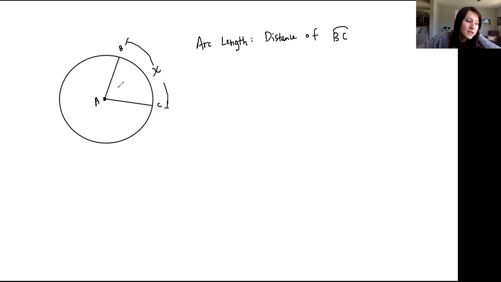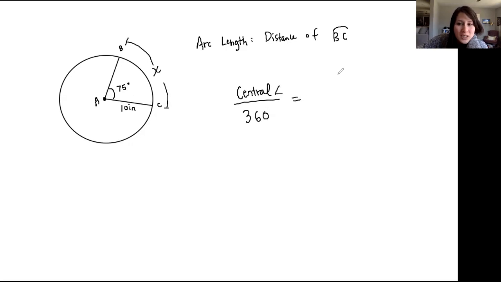So if I described this angle, and I know my measurement's not accurate, but let's say that this is 75 degrees. And my radius here is 10 inches, okay? Basically, the way that our arc length works is we can set up our proportion where the central angle over 360 is proportionate to the arc length over the circumference.